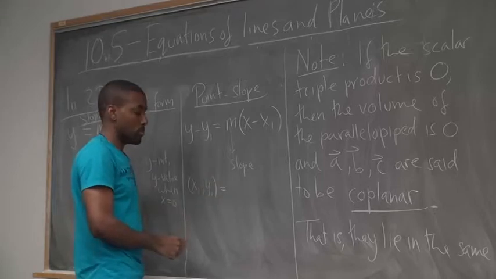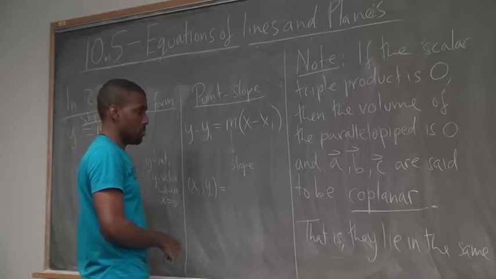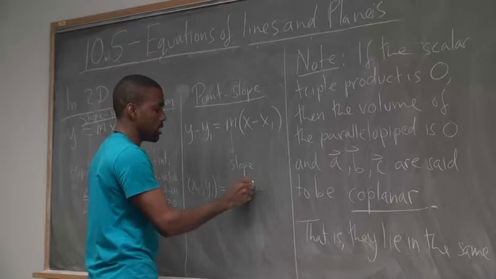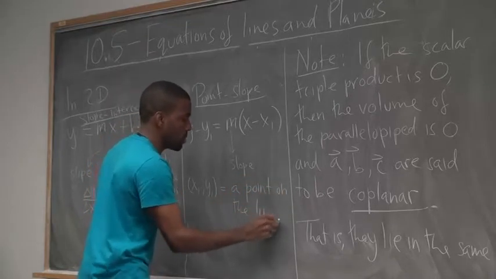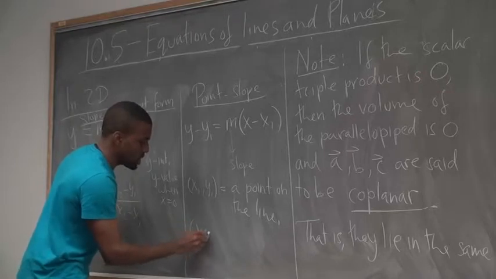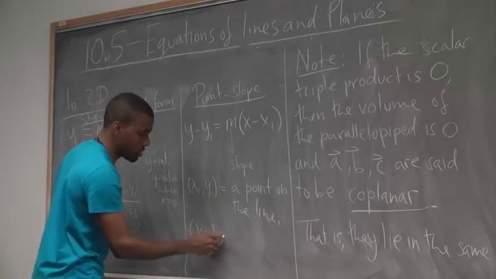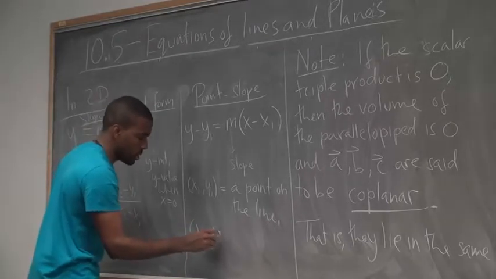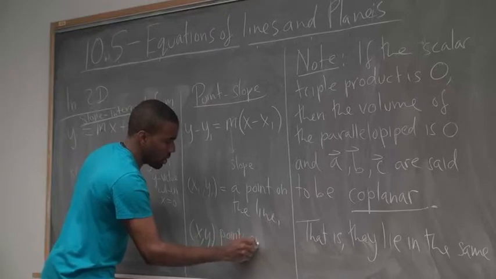It's just a point on the line, right? x, y is sort of your general point. It's the point that can vary depending on what you want to solve for, right? So x1, y1 is a point on the line.